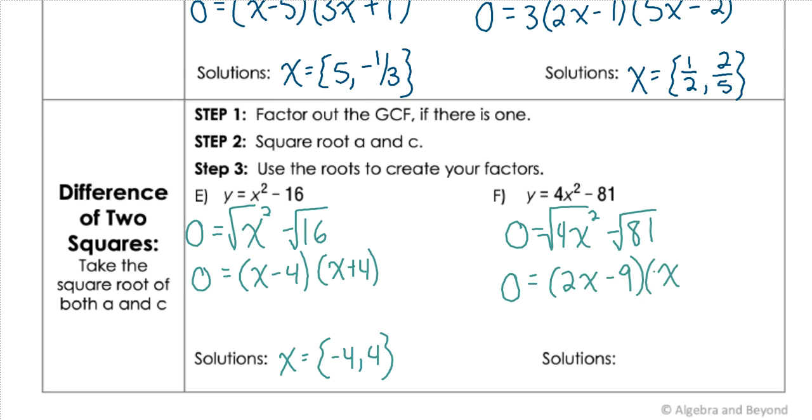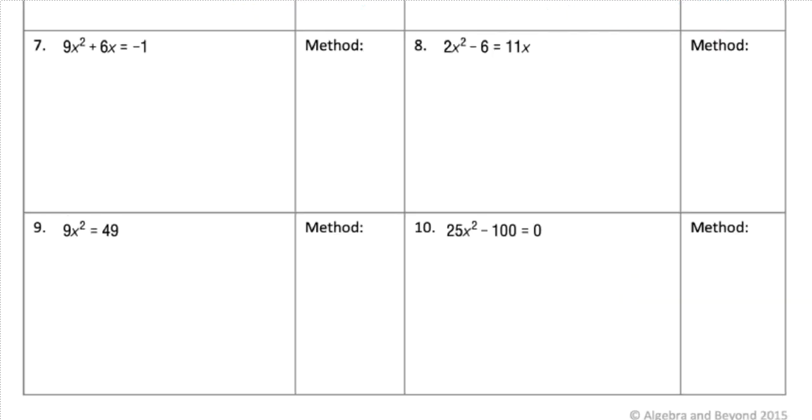And then remember my other factor is 2x plus 9. We want them to add to 0, so one has to be positive, one has to be negative, and I want them to multiply to a negative. So my two solutions here are going to be negative 9/2 and positive 9/2.